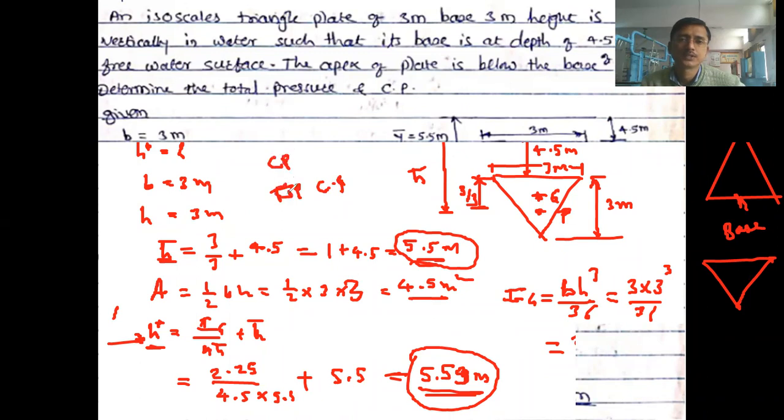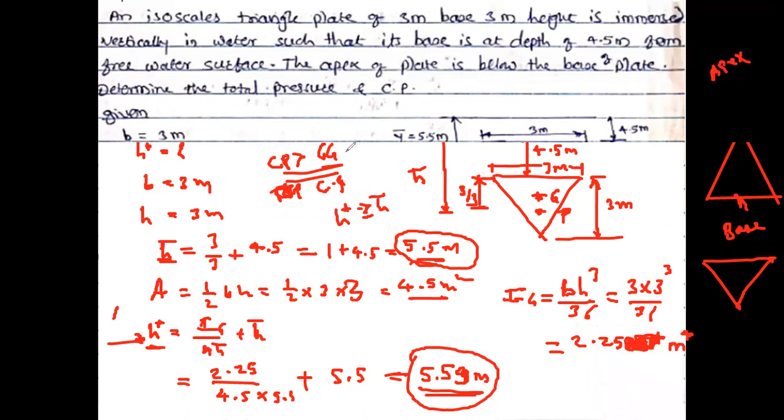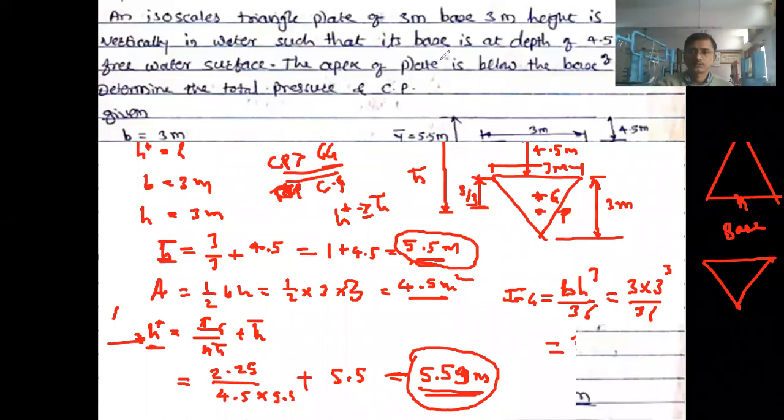CP, center of pressure, is always greater than CG, or H star is always greater than or equal to H bar. Why did we say greater than or equal to? In the horizontal case it is the same, equal. Did everyone understand? Okay sir. Yes, sir.